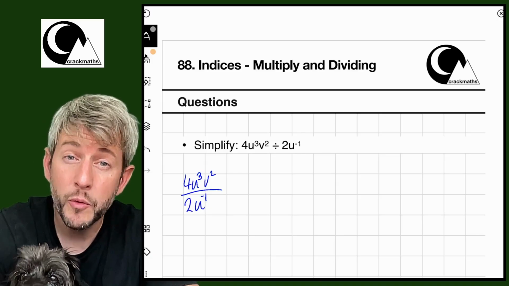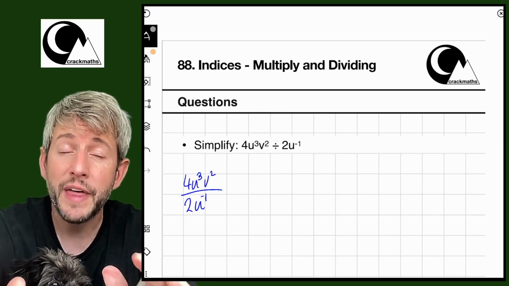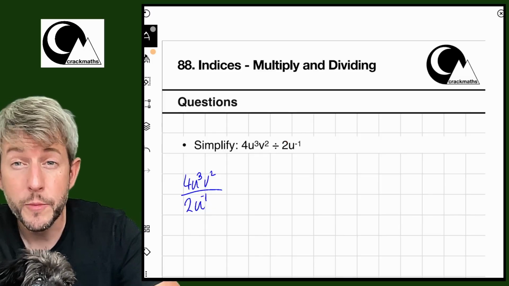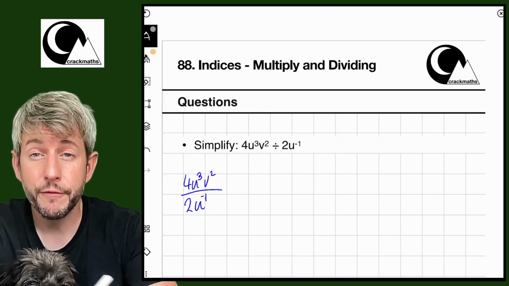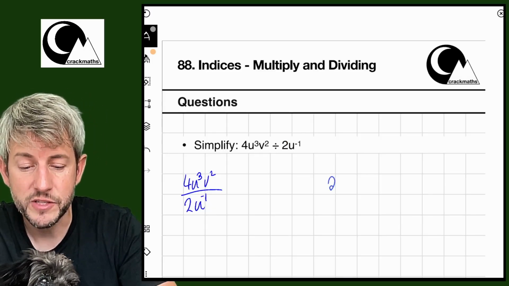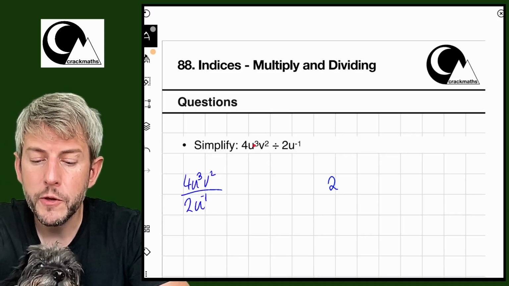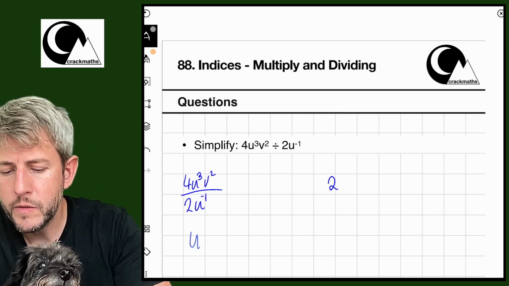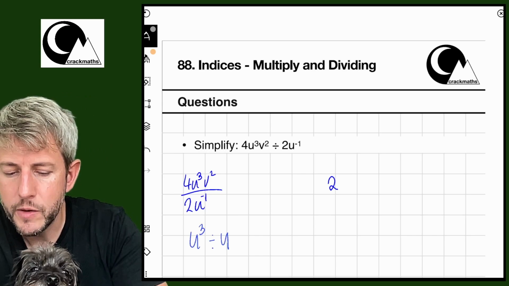It can be written either way, but it's the same thing that we do each time. First of all, we're doing the 4 divided by the 2 because we've sorted out the coefficients. So 4 divided by 2 is just 2. U cubed divided by u to the negative 1.